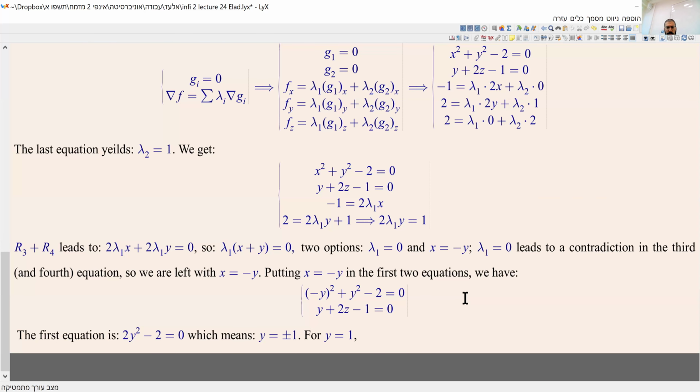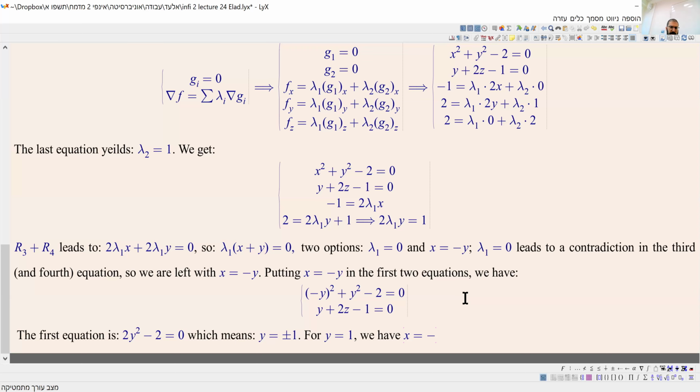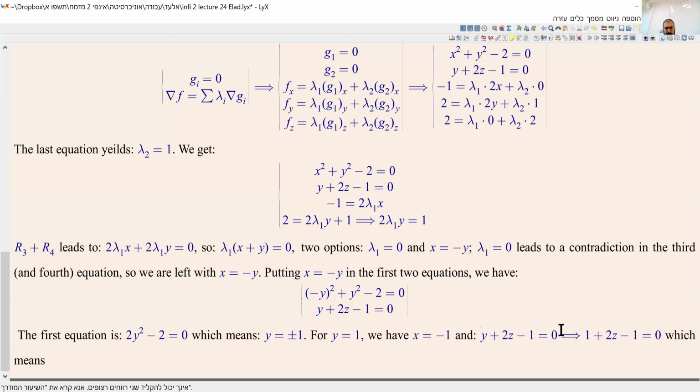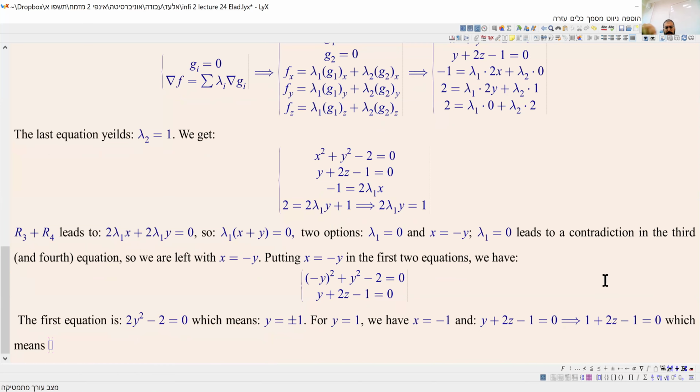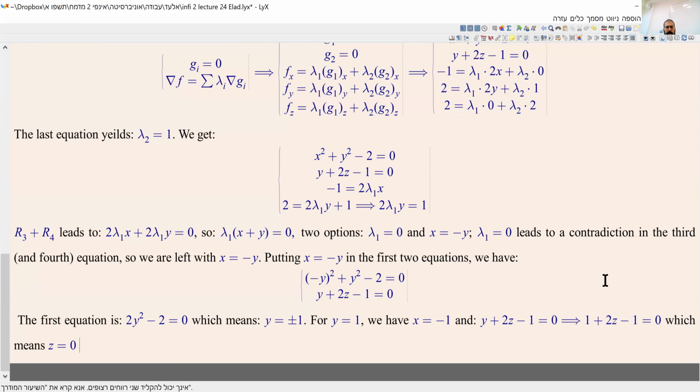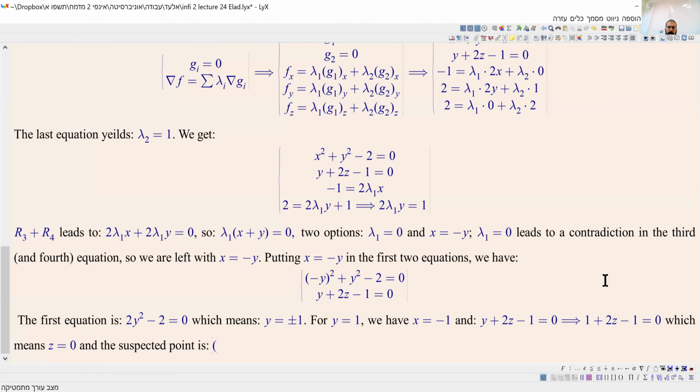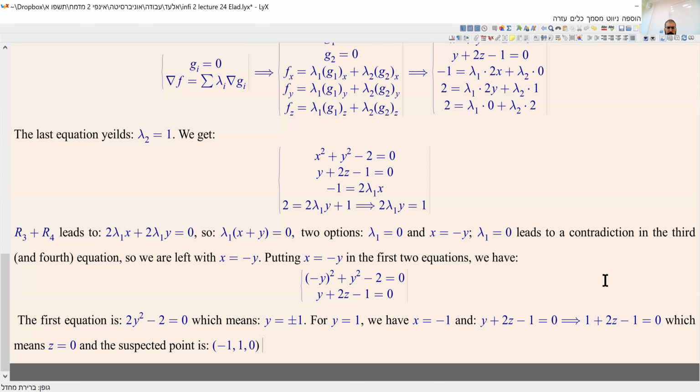For y equals 1, we have x is minus y, so x is minus 1, and by the second equation, y plus 2z minus z plus 1 is 0, and y is 1, so we get that 1 plus 2z minus 1 is 0, which means that z is 0, and this suspected point is minus 1, 1, and 0.